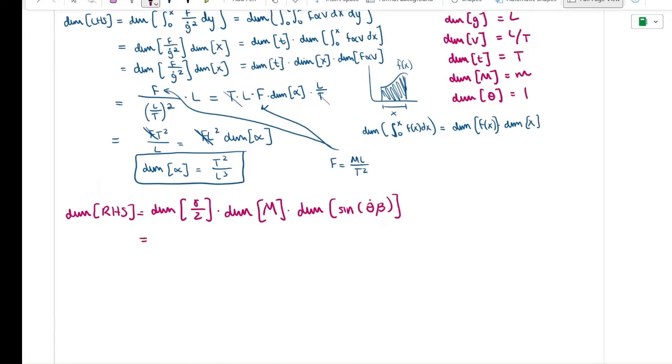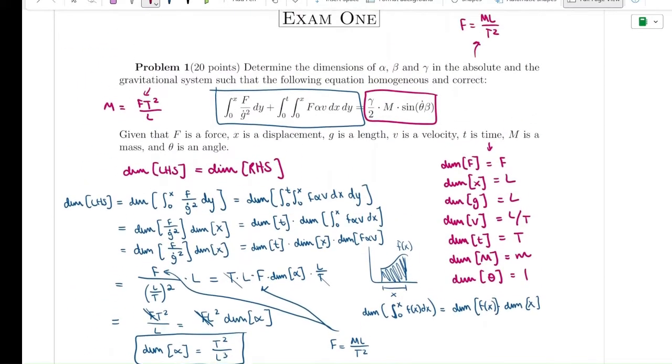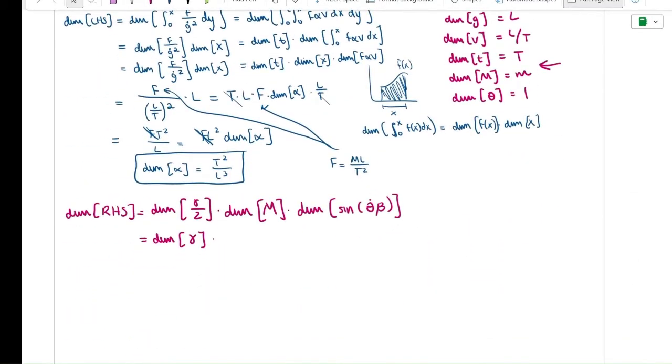The dimension of gamma over 2 is just going to be the dimension of gamma because 2 has no dimension, it's just a number. And then the dimension of m, we have that here, is equal to m. So that's just going to be m times the dimension of sine theta dot beta.